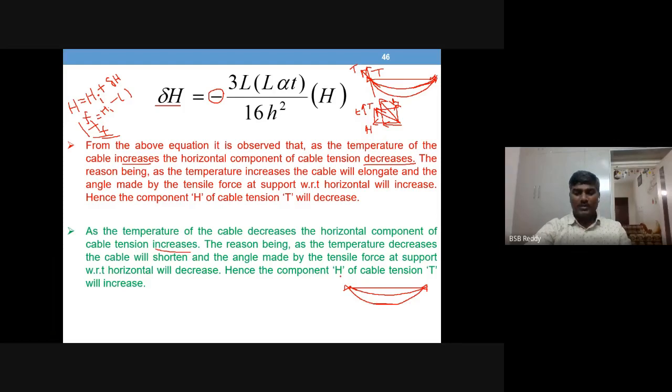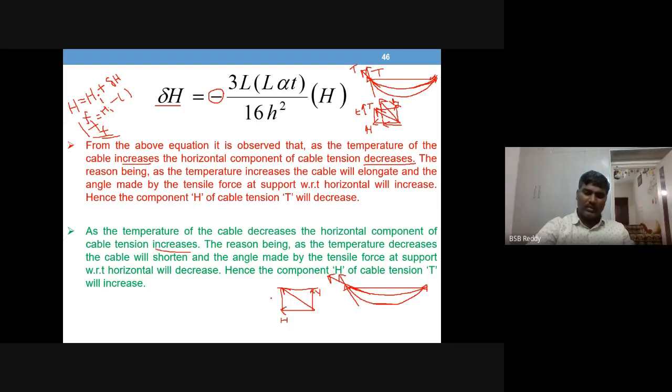This is the tensile force before temperature reduction. After temperature is reduced, this is the tension. What happens? Tensile force rotated anti-clockwise. Now this is H and this is V.